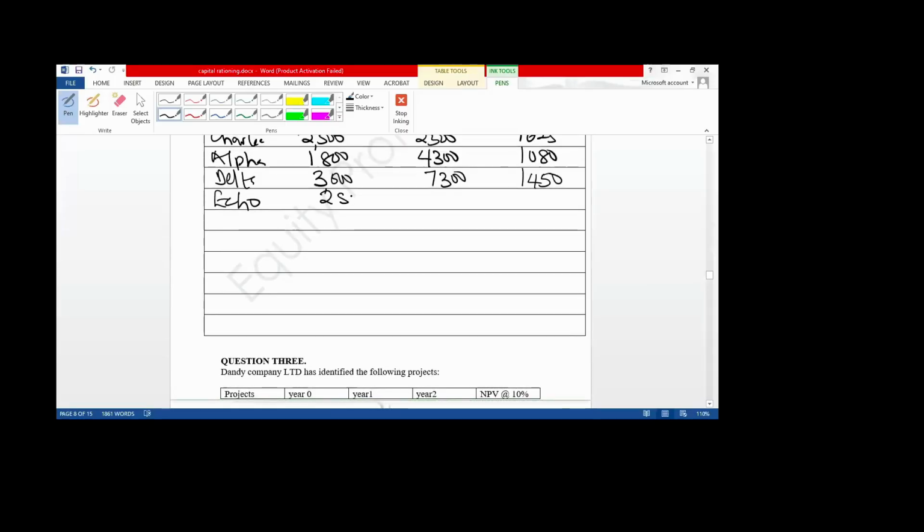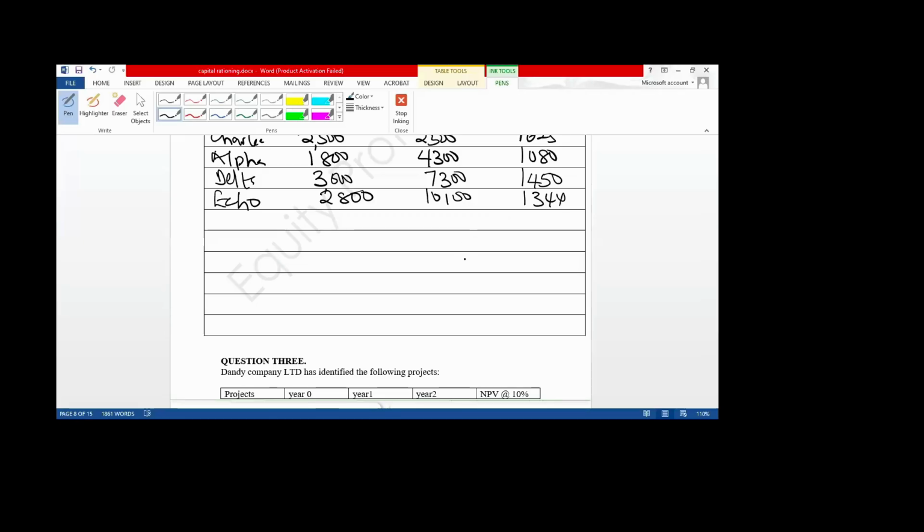Amount here is 28. Cumulative 73 plus 28 is 10,100. NPV here 1344.